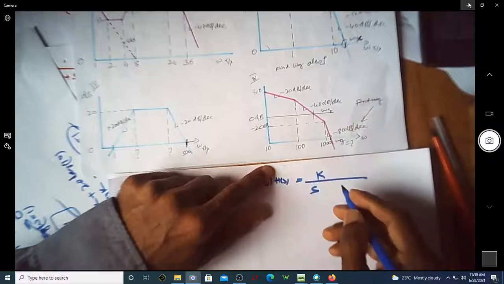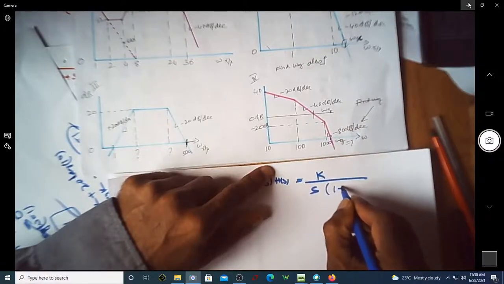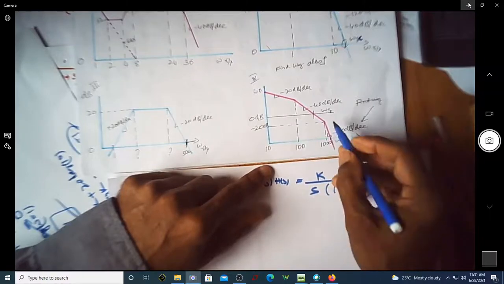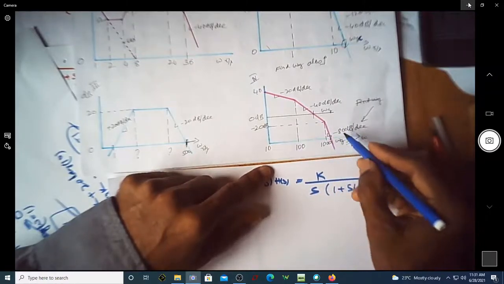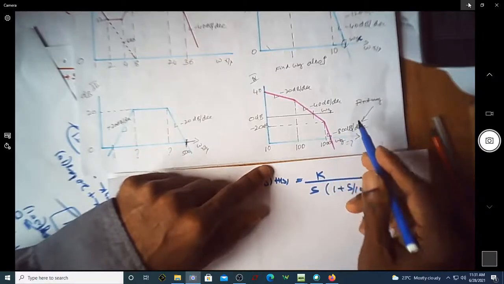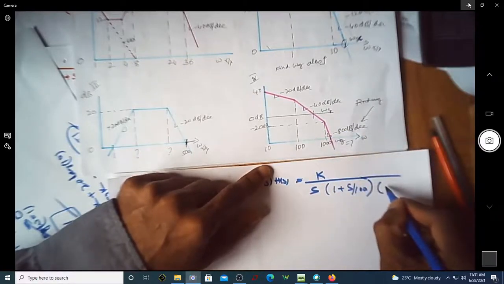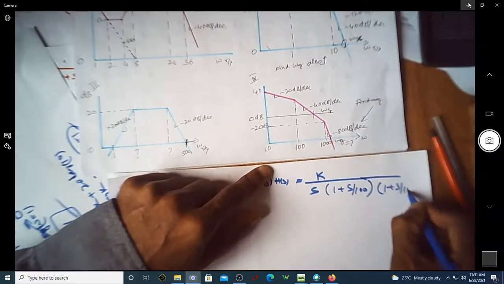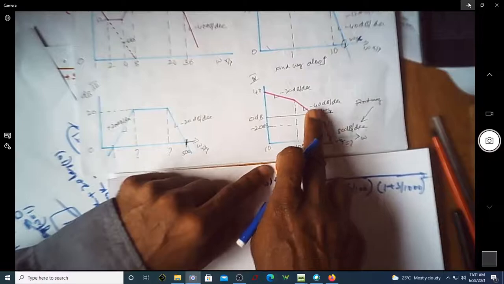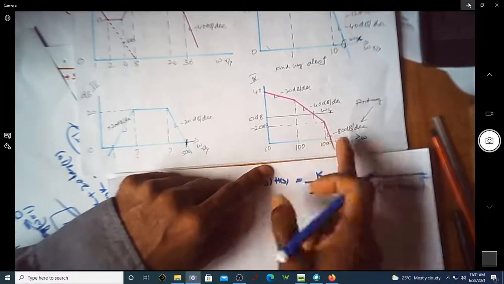So naturally there should be a pole, which I can write as 1 plus S by 100. Then there is one more change in slope from minus 40 to minus 80, so there should be repeating poles at 1000. I can write it as 1 plus S by 1000 whole square. This is repeating poles because the slope is changing by minus 40 dB.